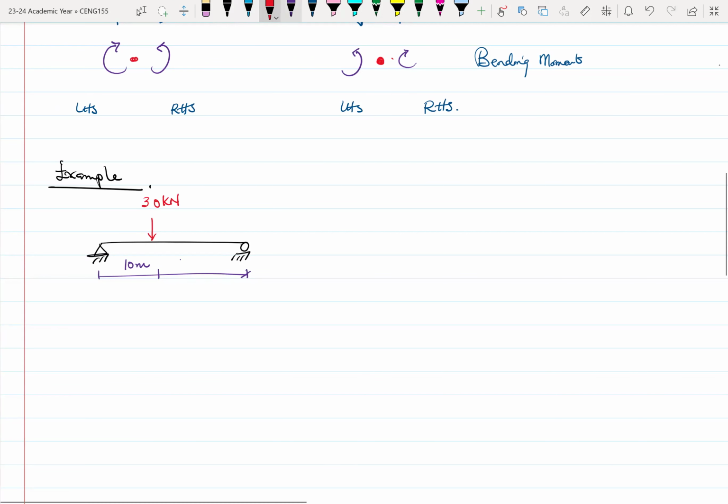This is 20 meters. Okay, so this is A, B, and C. What are the support reactions? Okay, so that's our first question.